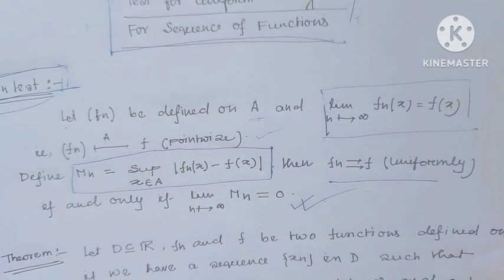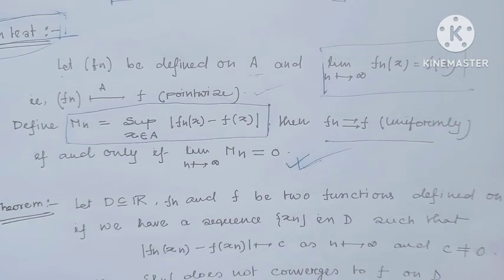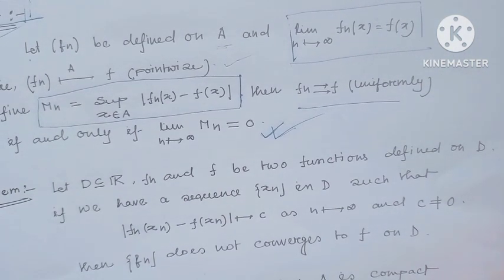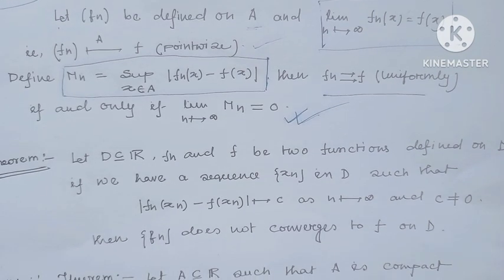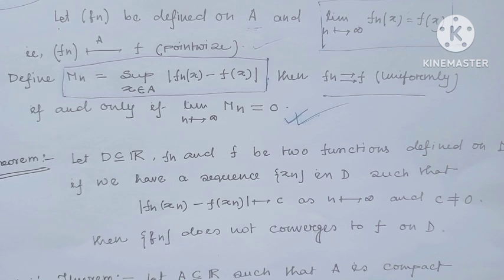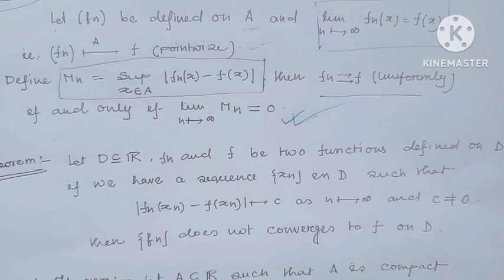Actually, another theorem, a consequence of the Mn test. By this theorem we can check whether any sequence of function is uniformly convergent or not. This is a very shortcut theorem.